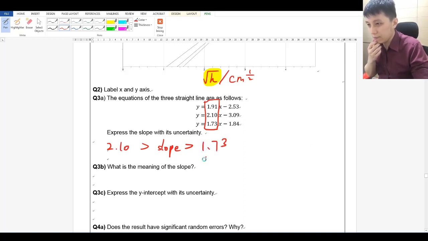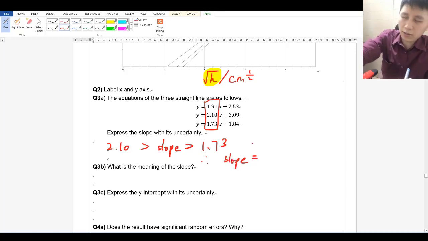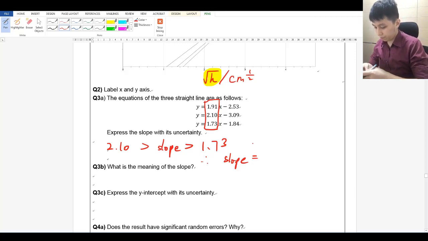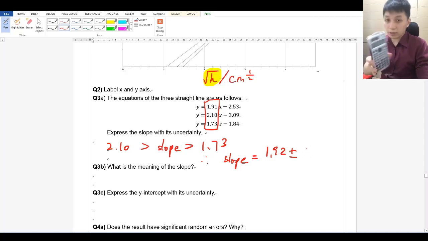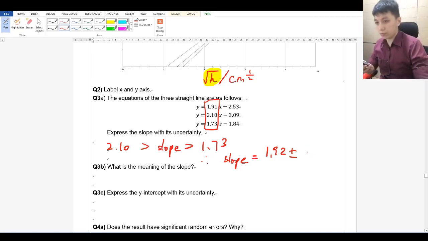So the slope would equal, again using the way that we take average, maximum plus the minimum divided by 2, so you get 1.915. Let's write it as 1.92 plus or minus the maximum minus the minimum divided by 2. So you get 0.185, and then you round it up to 0.19.